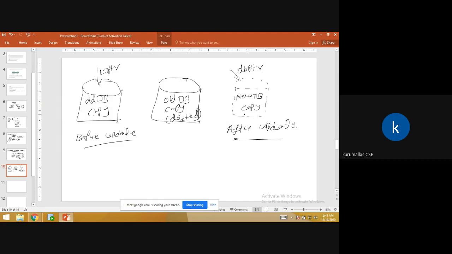If anything is wrong, again we have to take one more copy, so that you should not disturb the original database. We only disturb the newly copied data. The original database is the shadow copy.